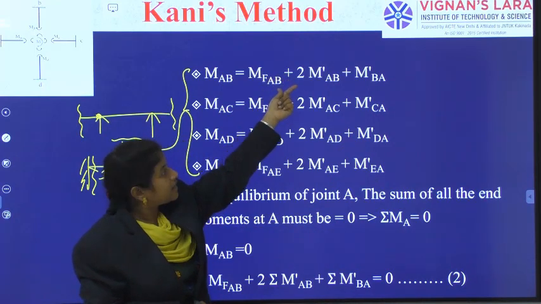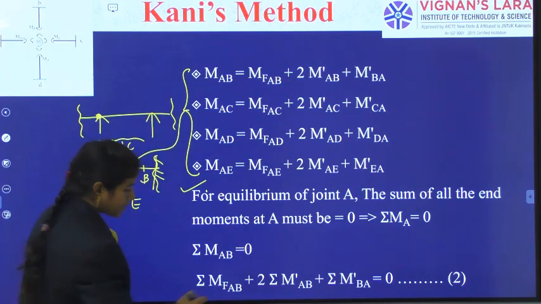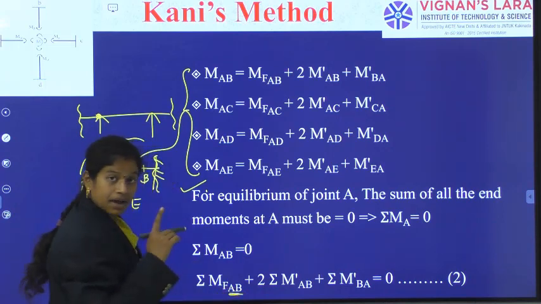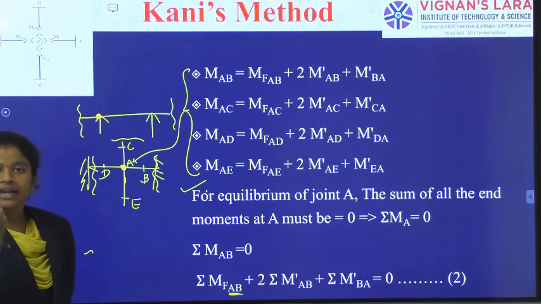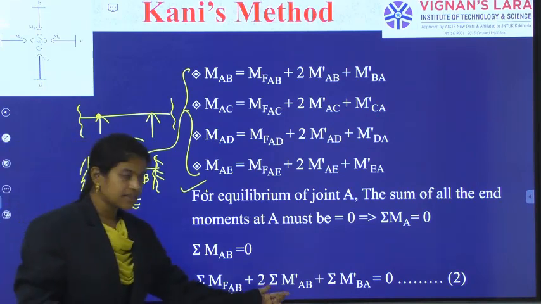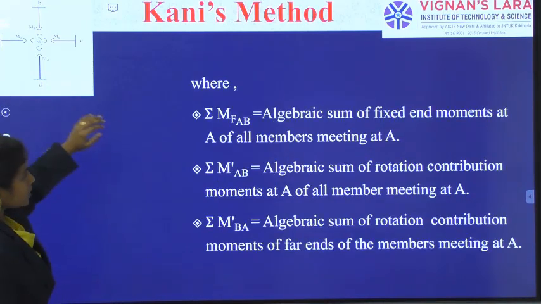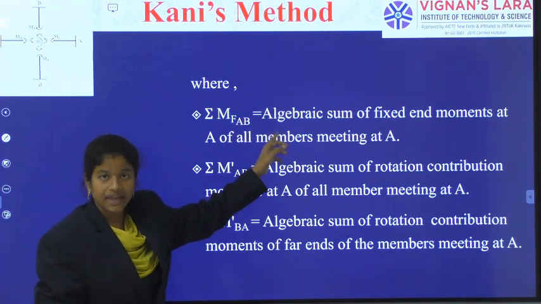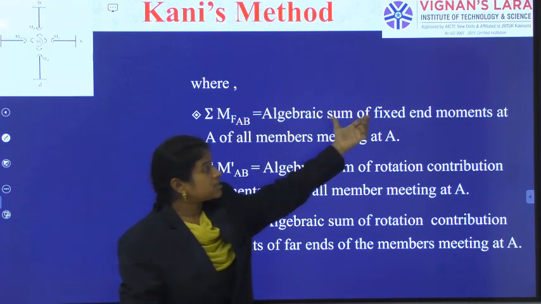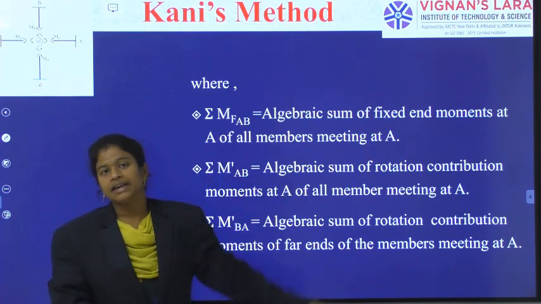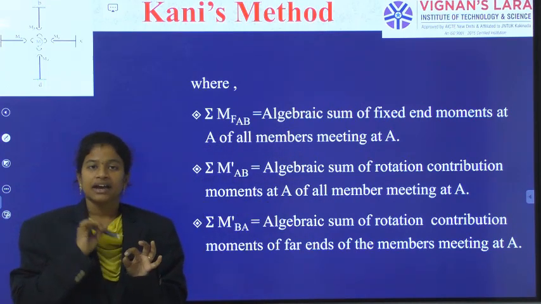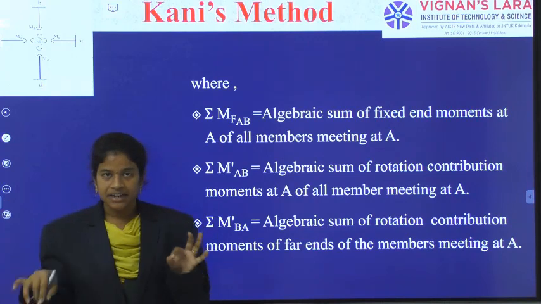Sigma MFAB indicates MFAB, MFAC, MFAD and MFAE. So this sigma MFAB is the algebraic sum of the fixed moments at A for all the members meeting at A.